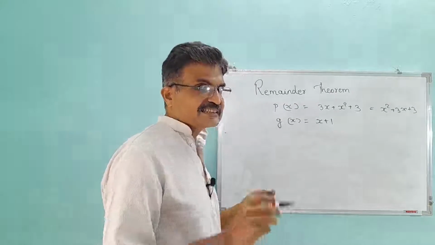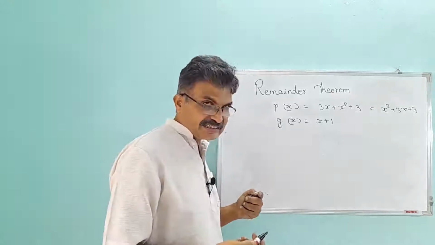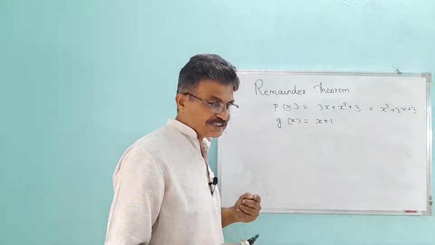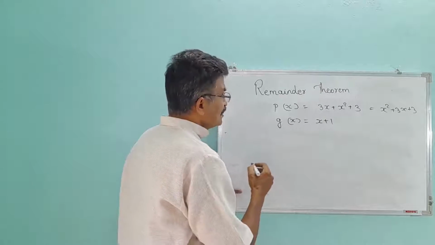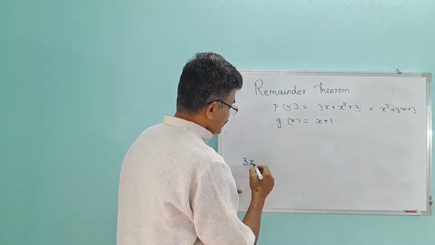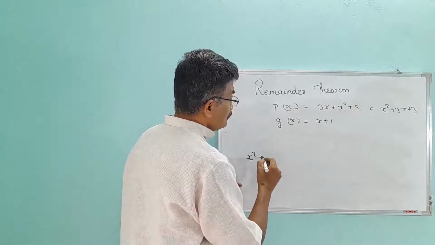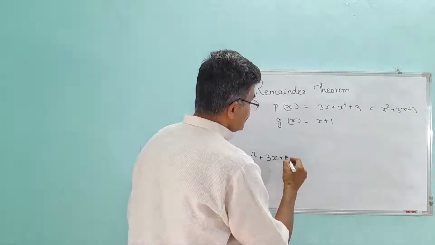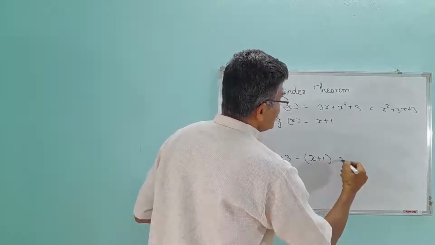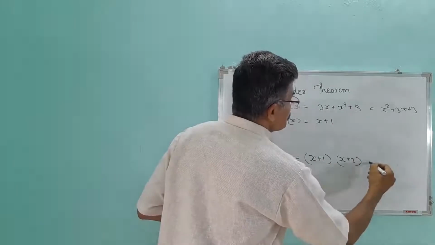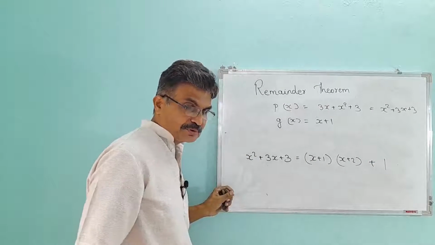You have studied in the case of natural numbers that dividend is equal to divisor into quotient plus remainder. So x square plus 3x plus 3 can be written as x plus 1 into x plus 2 plus 1. Is it right?